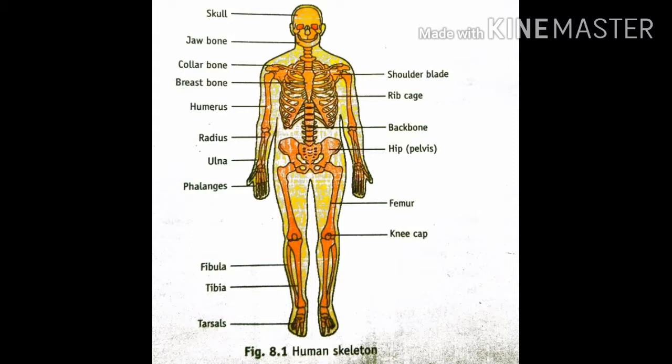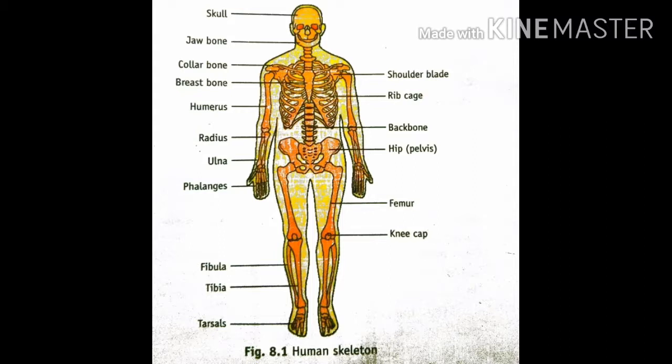Bones present at different parts of the body join up to make a skeleton. Our skeletal system is made up of bones and joints.